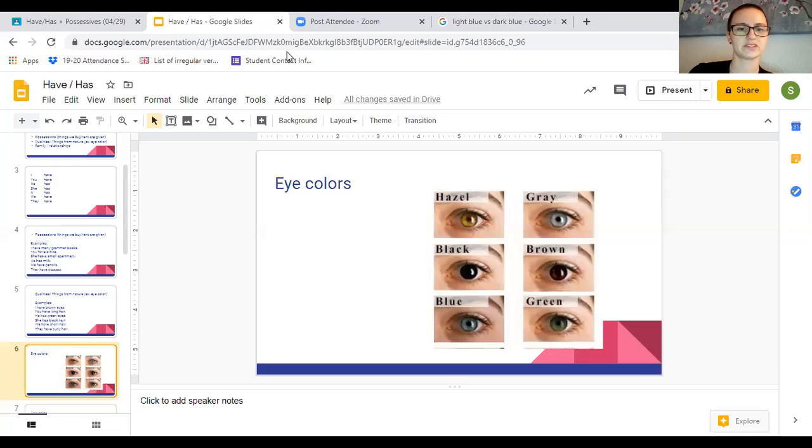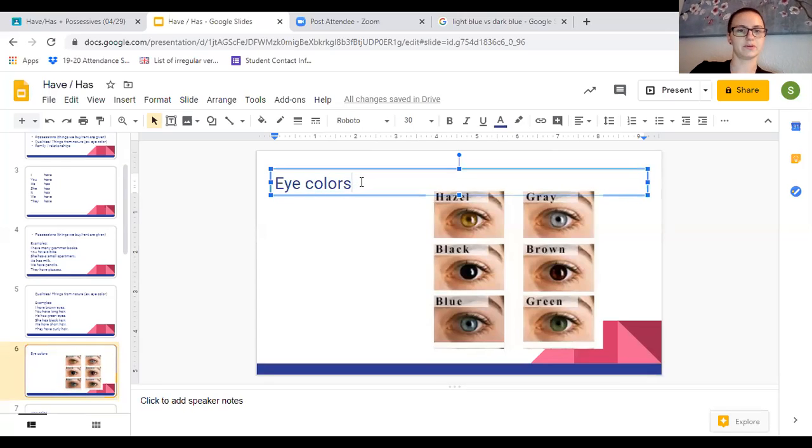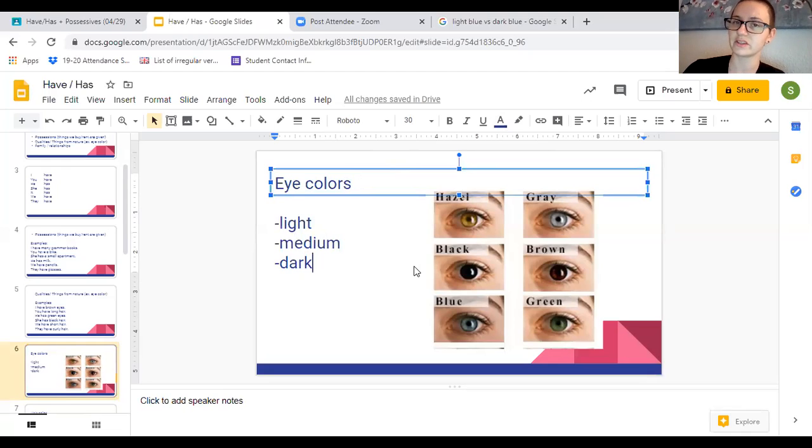So let's go back to our slide and we can go ahead and type this in. So we could say light, medium, and dark. And anytime we're thinking about colors, this is true. A lot of times you'll see this with hair when we're talking about hair colors.